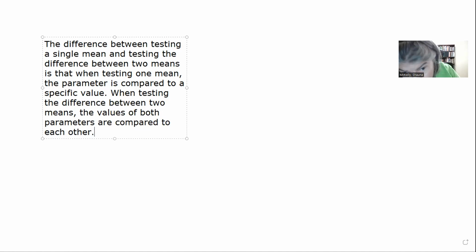That's not as complicated as it sounds. Let me give you a brief little example before we start. So you know that when we test one mean, we get something like mu equals, say, 72, right? And our alternative hypothesis H1 could be something like mu is less, or we'll use not equal to.